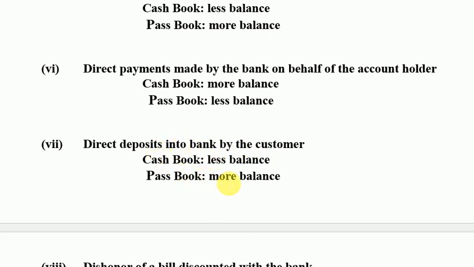So passbook will have more balance. Now the account holder will record it at a later date, when he receives the bank statement or passbook. Till that time, passbook will show more balance, whereas cash book will have less balance. And this is what point number 7 means.